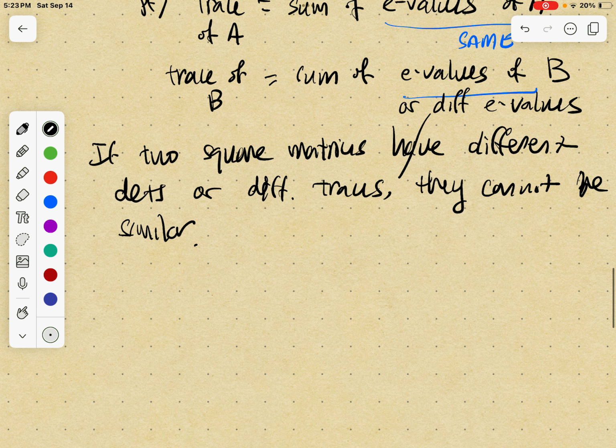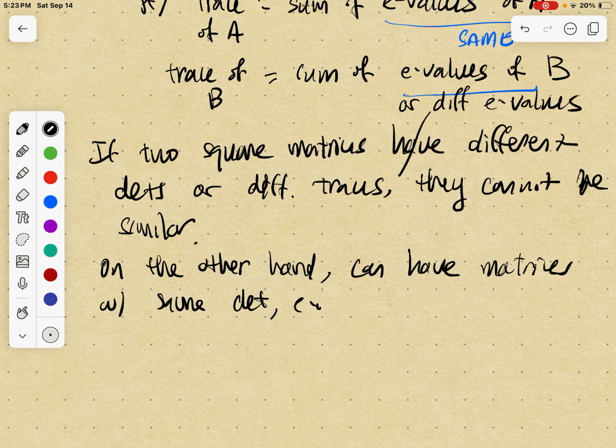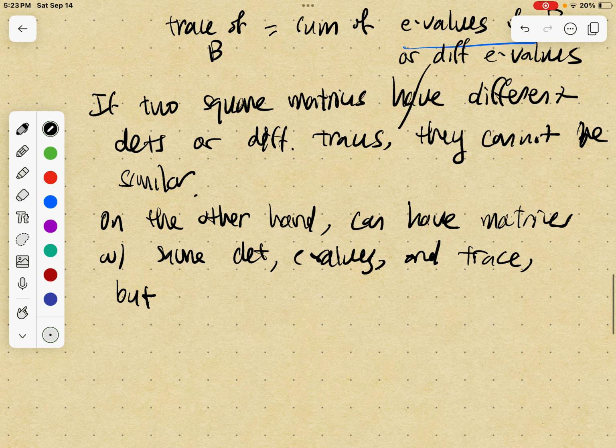On the other hand, you can have matrices with the same determinant, eigenvalues, and trace, but have them not be similar.